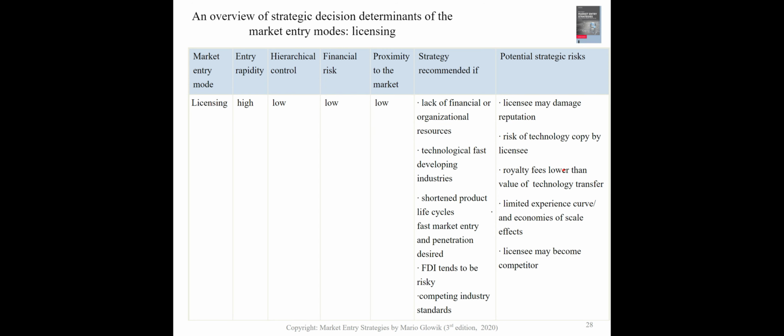So we as a licensor should be aware when considering that market entry mode.